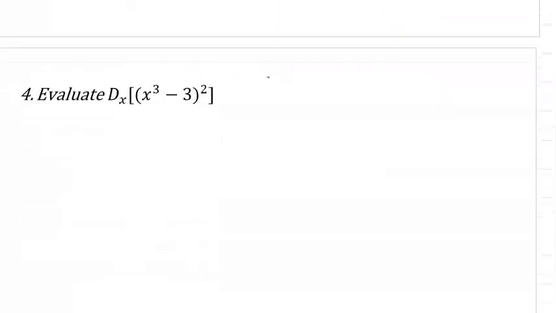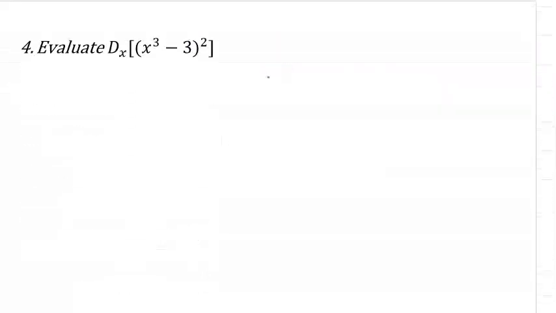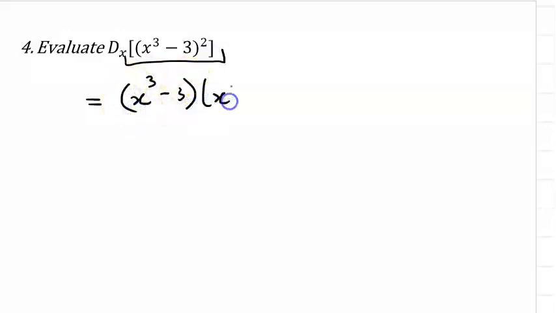Now, in this next question here, we got evaluate dx. So here we got x cubed minus 3 all squared. So we have to open out these brackets according to the rules. So that will be x cubed minus 3 times x cubed minus 3, equals, so a binomial times a binomial.